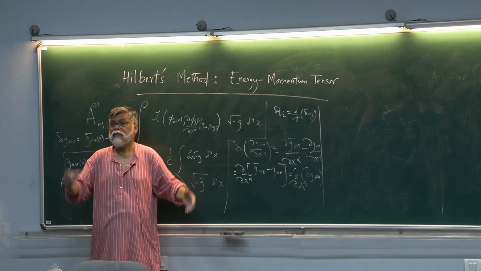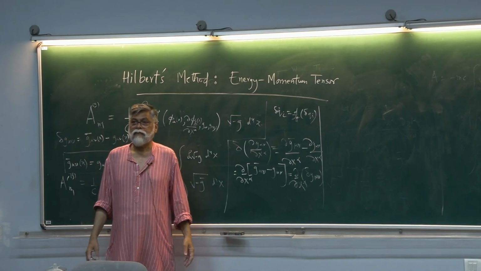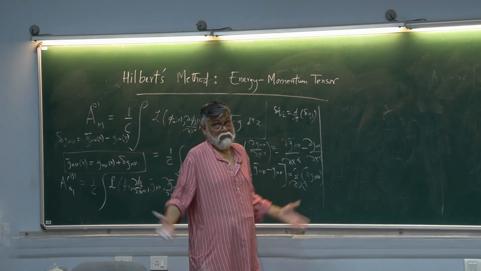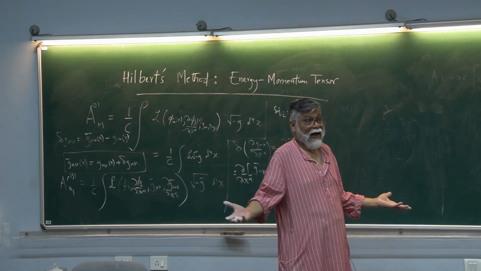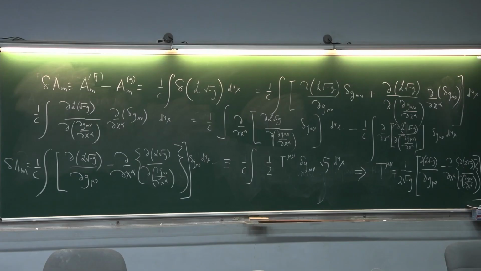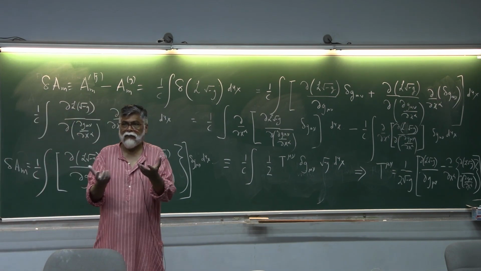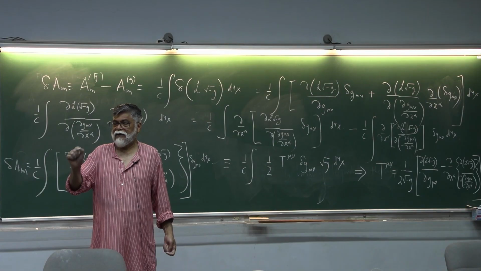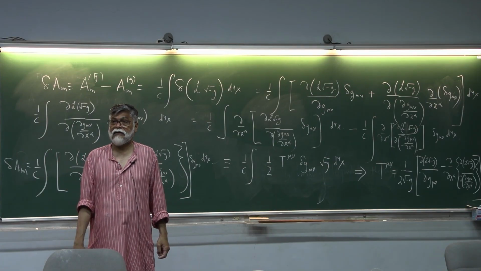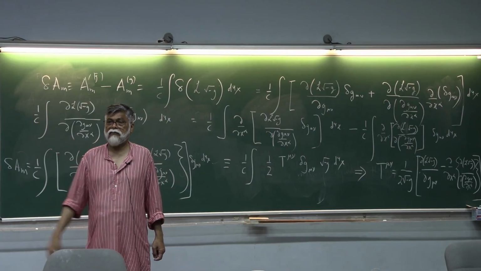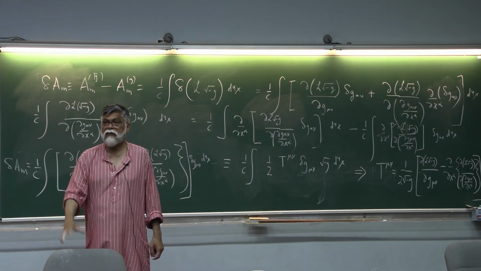Was there any physical motivation for Hilbert to choose this as the energy momentum tensor? I don't know why Hilbert identified it. Probably Hilbert would have taken it case by case. It's the mathematician's approach: does this happen for the prime number 3? Does it happen for the prime number 5? For 7? For 13?